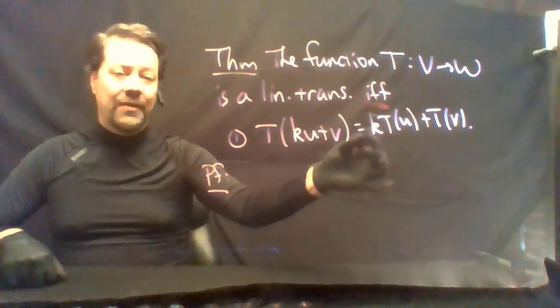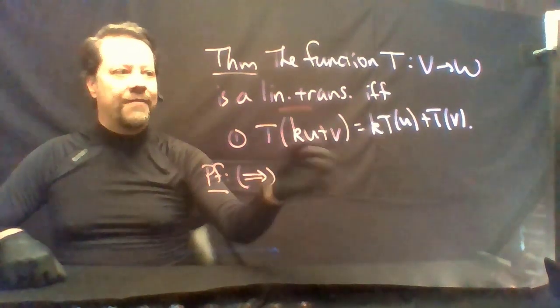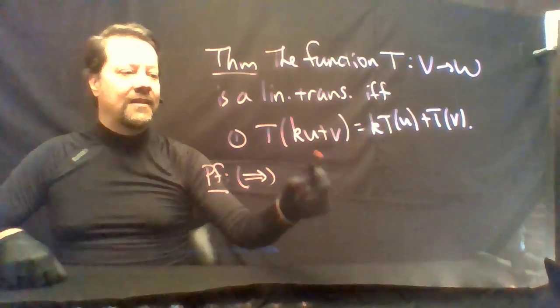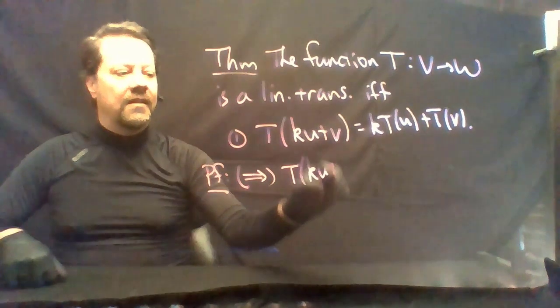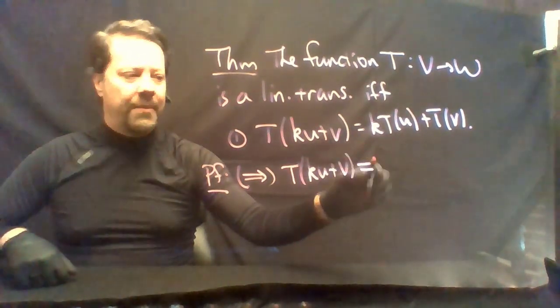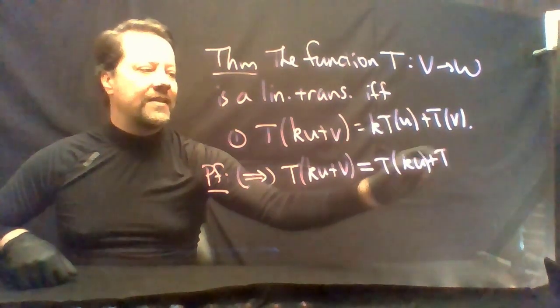The proof is an if and only if proof, so you have to prove the implication in both ways. So if we assume that T is a linear transformation, then because it satisfies the first property of linearity, it's T of ku plus T of v.